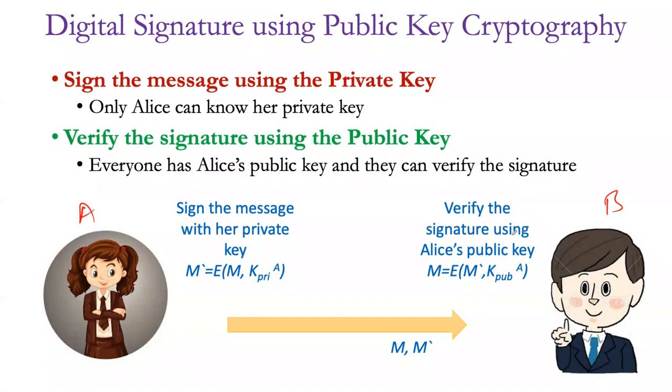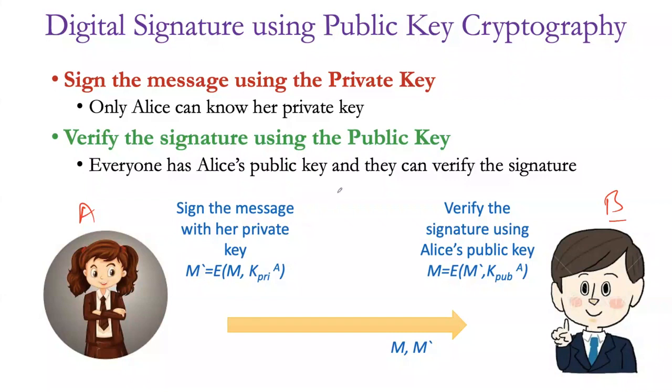Only Alice knows her own private key, and Bob on the receiver side verifies Alice's signature using Alice's public key. So everyone has Alice's public key.